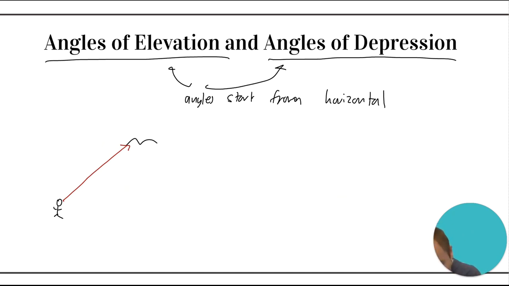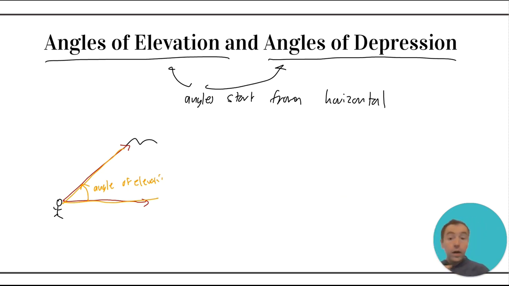So therefore, if the person was looking straight forward, they'd be looking this way. So when you pivot that upwards towards where they would be looking at the bird, this right here would be an example of an angle of elevation because it moves from horizontal and then pivots upwards like that, right?